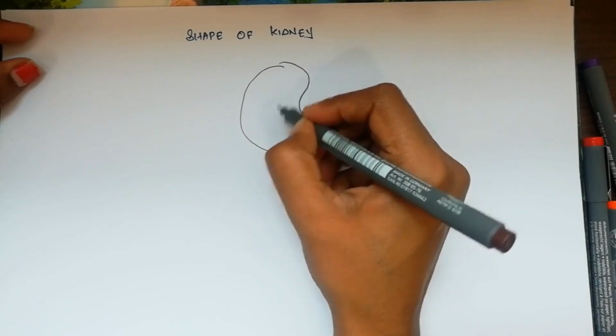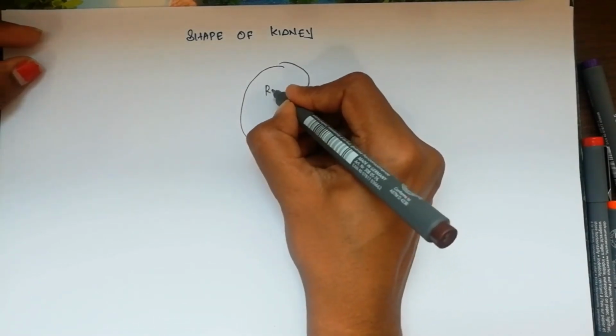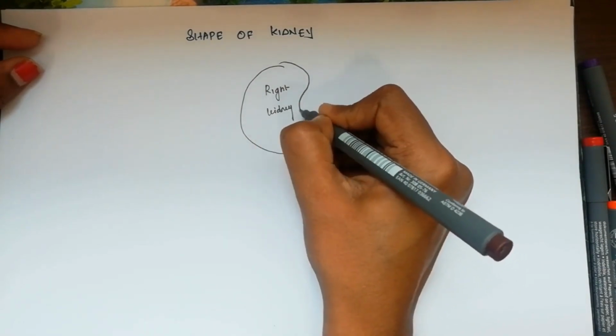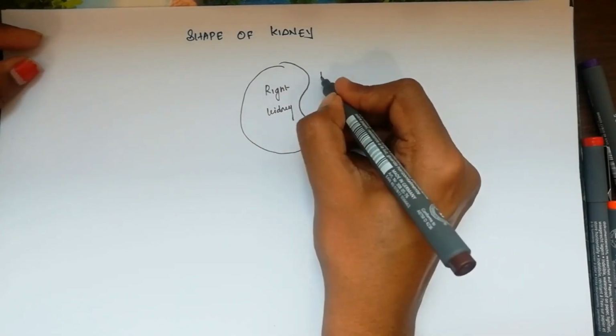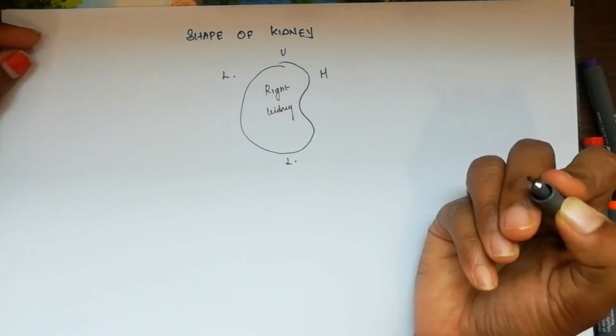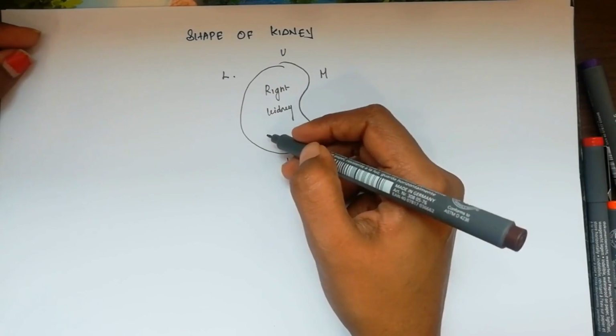So this is the kidney which is bean shaped and this is the right kidney, and this is the concavity seen in the medial aspect. So this is the medial and this is the lateral aspect, this is the upper and lower part. So this is how we have got the kidney placed.